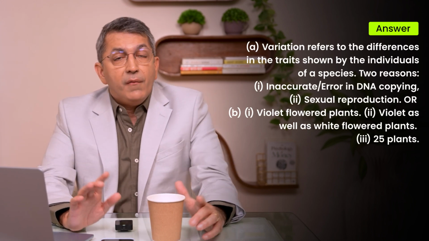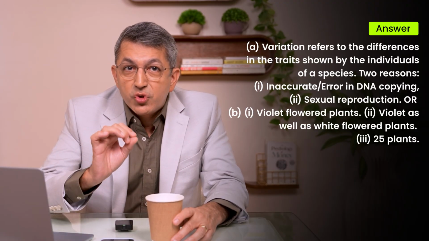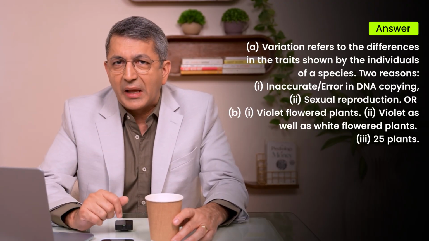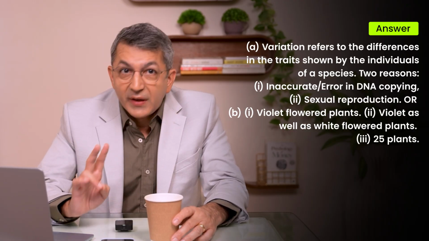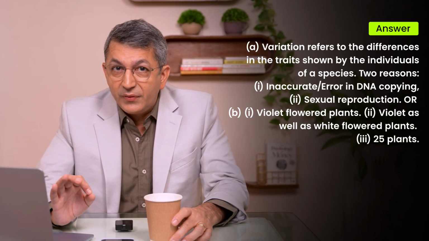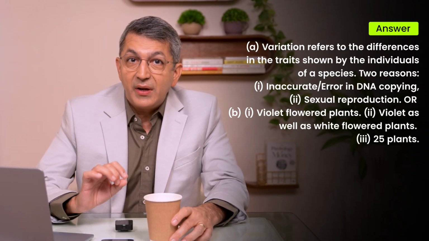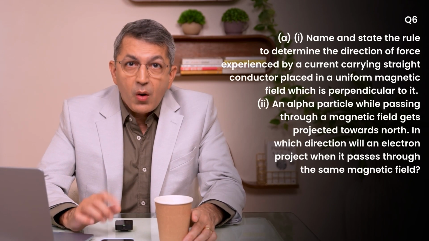Answer A. Variation refers to the differences in the traits shown by the individuals of a species. Two reasons for that. 1. Inaccuracies in DNA copying. 2. Sexual reproduction. Or B1. Violet flowered plants. 2. Violet as well as white flowered plants. 3. 25 plants.